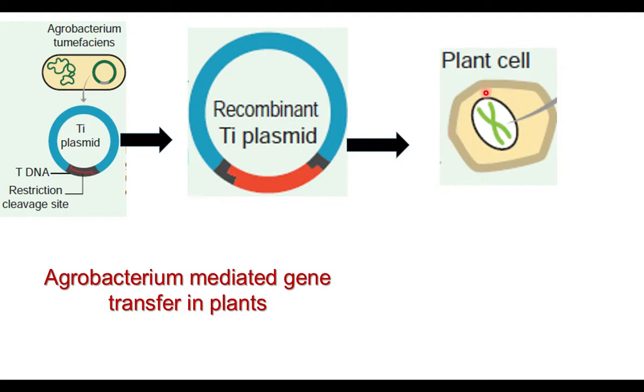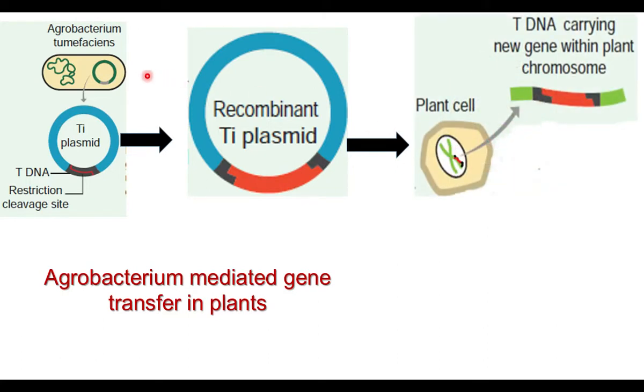At that time, the transfer DNA, tDNA, causes transfer of the foreign gene into the plant genome. Here the plant genome is given in green color. What's the color of the foreign gene? Red color.